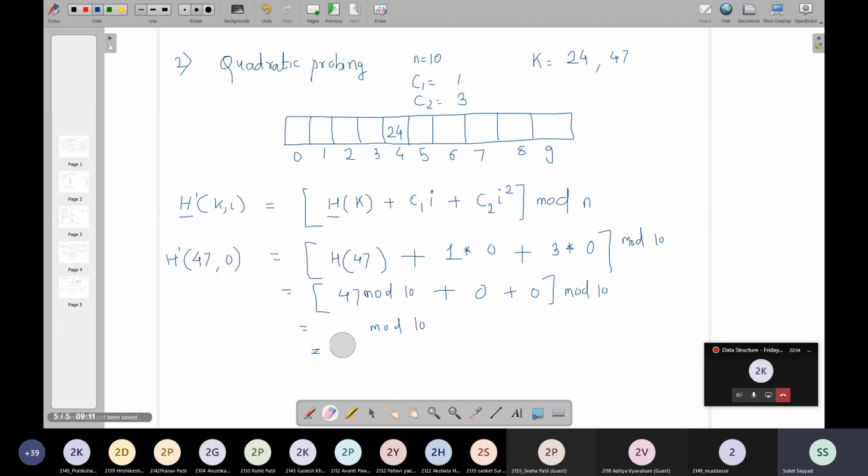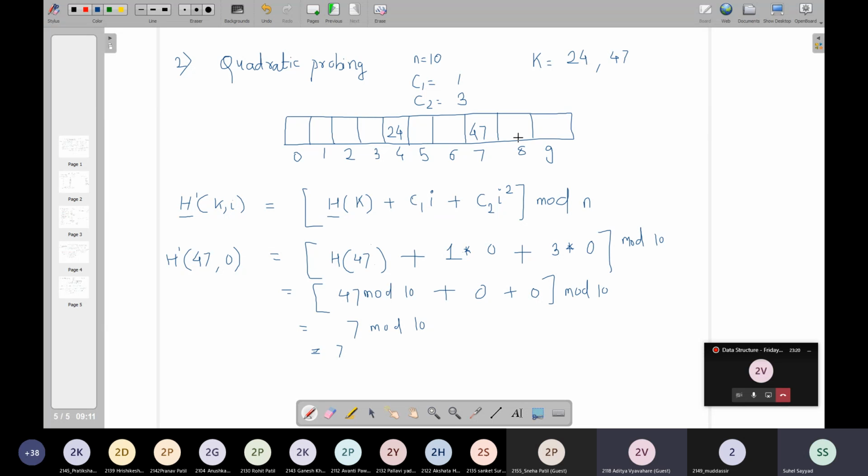The final result will come out to be 7 in that case, right? So 47 will be stored at hash address 7. Is it clear, students? Yes, sir. Okay.